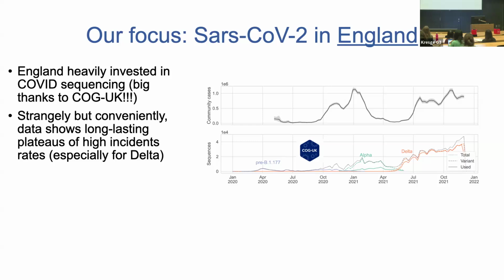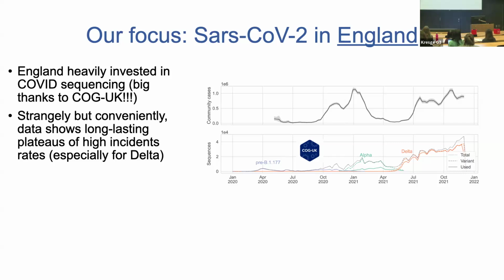strangely but conveniently, it had very high abundance levels, especially during the Delta variant, which were kind of constant, a plateau phase, where you wonder, why are the infection levels high but constant, right? You would think if R naught is larger than 1, then it should grow, or smaller than 1, then it should shrink. Why is it stable?